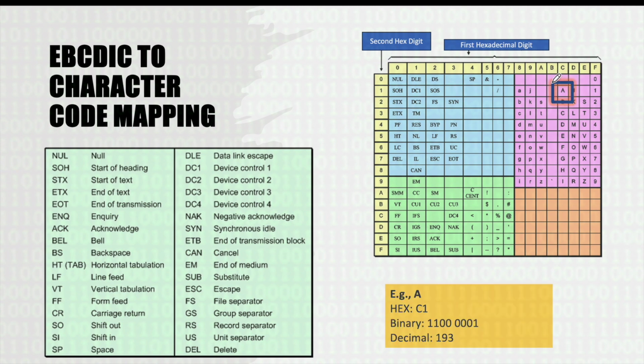For example, for A, the first digit is C and the second digit is 1. If C1 is converted to binary, it is 11000001, and you are aware that this is A, because that's the mapping from EBCDIC to the character coding.